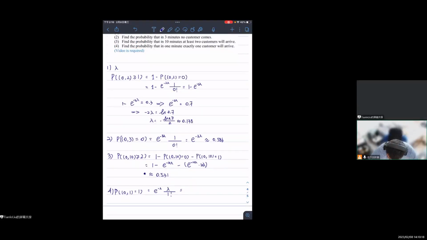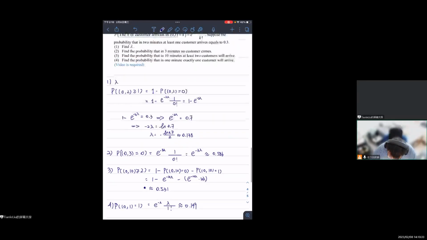We can round it to 0.149. I think this is the answer to this question.